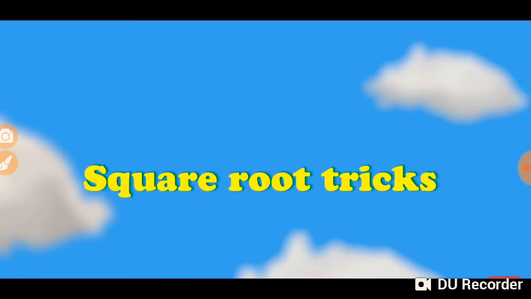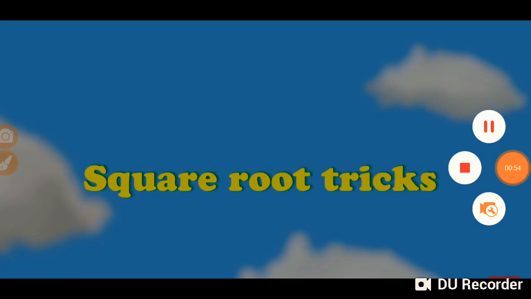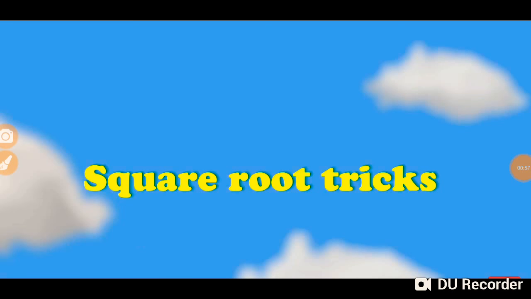What is a square? If a number is multiplied by itself, then the result of this multiplication is called the square of a number. Let us see some examples.